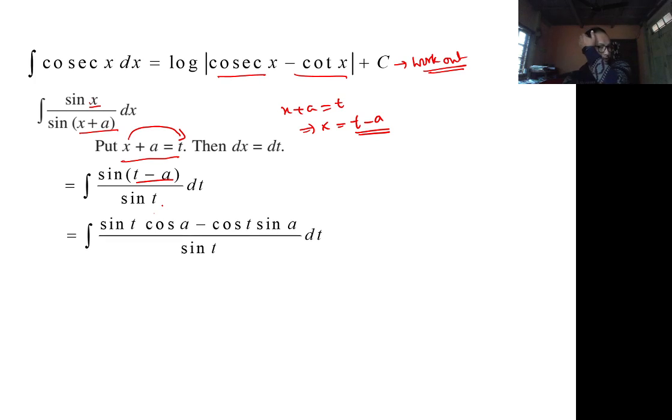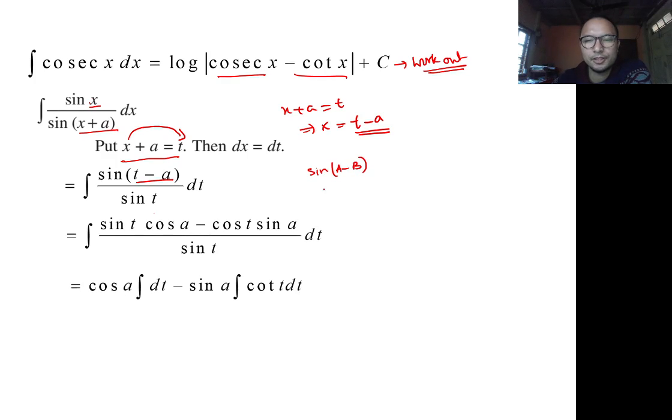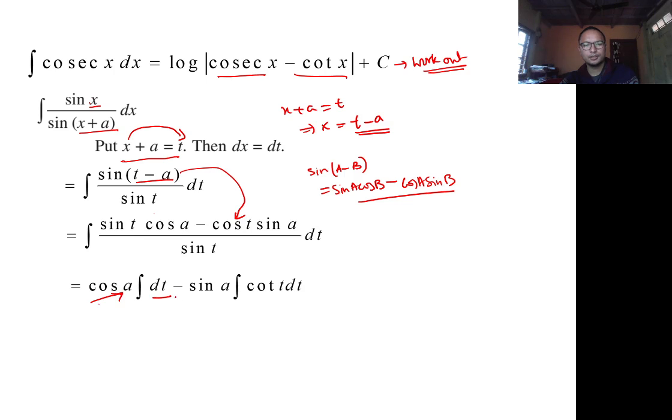Now we use the formula for sin of a minus b, which is sin a cos b minus cos a sin b. You remember that formula; we are applying it here. Now, dividing, we get cos a, which is a constant, so we can take it out.